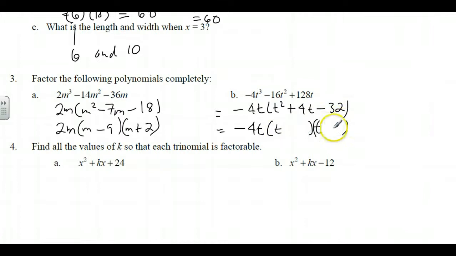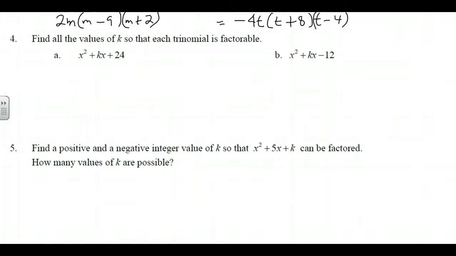So write down two sets of brackets, put down the t's. Negative 32, multiply to 32, differ by 4. That's 8 and 4. The 8 will be the larger number, so it is positive, right? t squared minus 4t plus 8t is plus 4t minus 32. And that is done. And I will finish these off a little bit later.